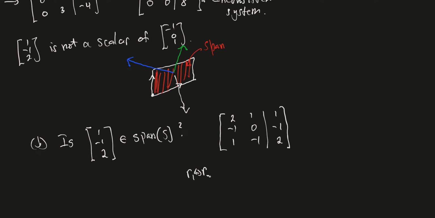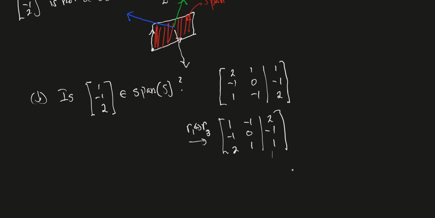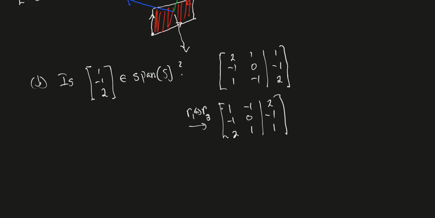So do our row swap, and we have 1, -1, 2, and then -1, 0, -1, and then 2, 1, 1. Now let's eliminate like we did before. So let's take row 1 added to row 2, and then negative row 1 added to row 3.